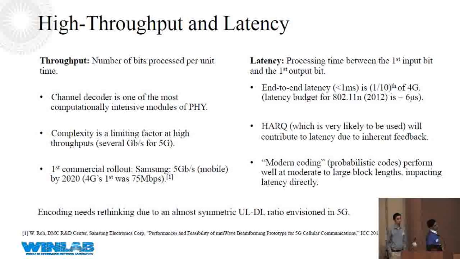And we are looking at certain modern codes, probabilistic codes, which I believe the whole error control coding community focuses on these days. These codes tend to work better for large or moderate block lengths, which clearly directly impacts the latency.